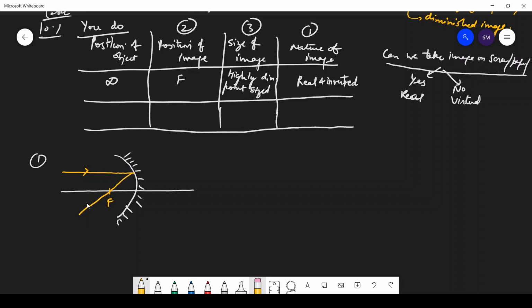That's a rule that we need to remember while making ray diagrams. So we are learning how to draw ray diagrams.